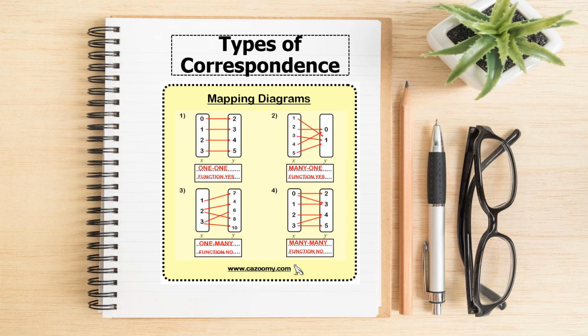Therefore, they only have one-to-one relations or many-to-one relations. For this illustration, one-to-one is a function and many-to-one correspondence is also a function, while one-to-many and many-to-many is not a function.